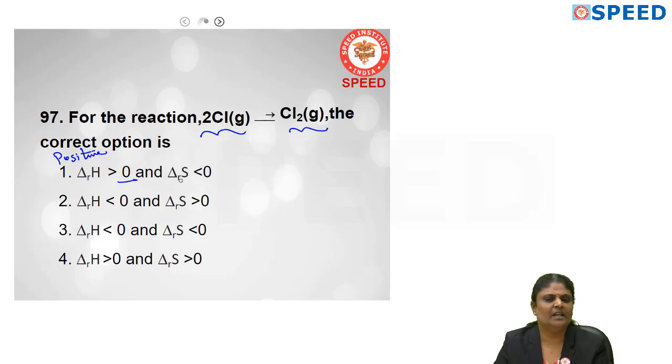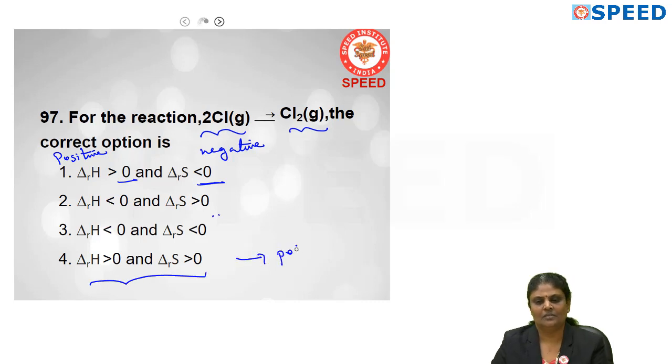Here delta S of reaction is less than 0, so this is the negative value. So the second option is, this one is negative and this one is positive, and then here this is negative and this is negative, and this one is positive and this one is both positive.